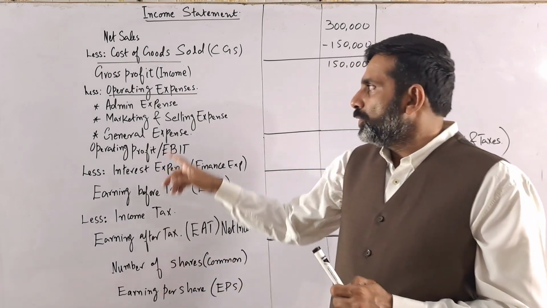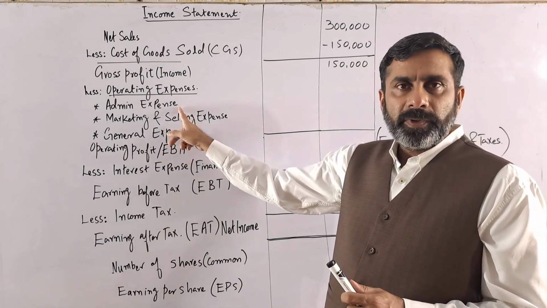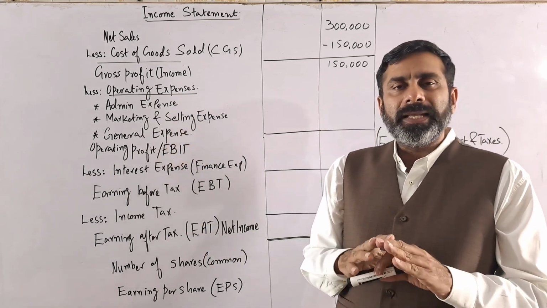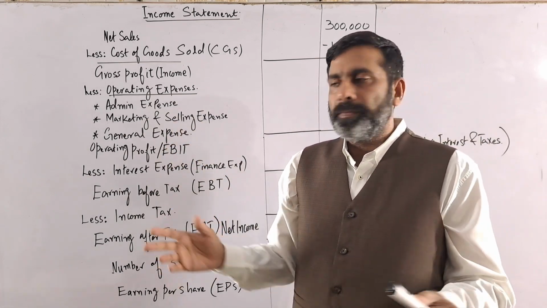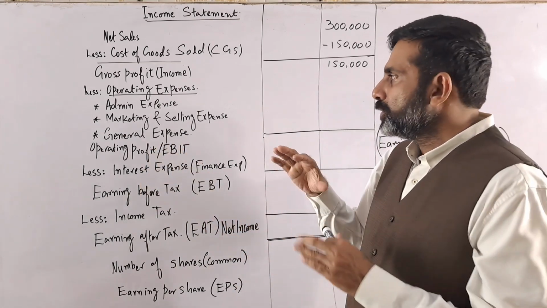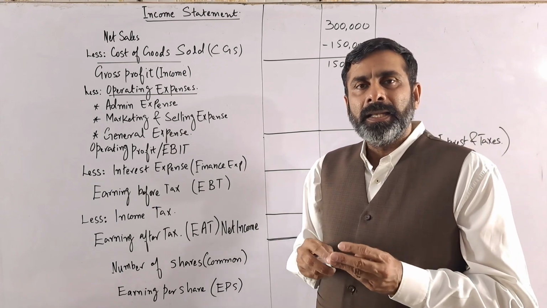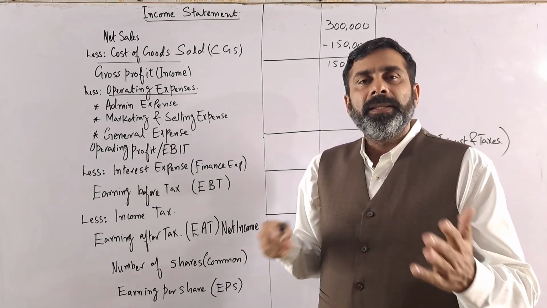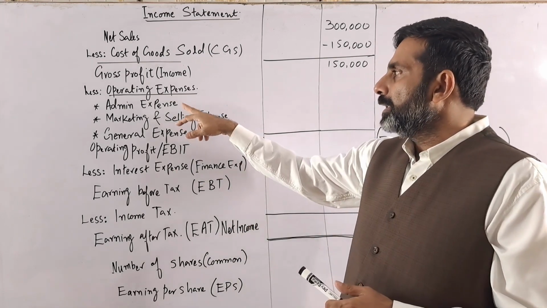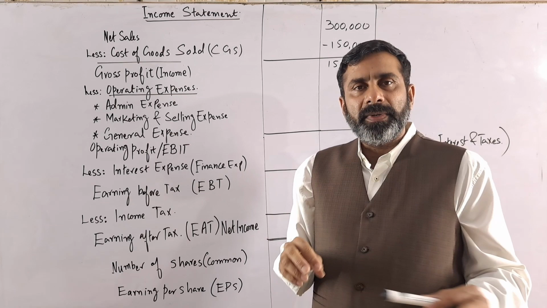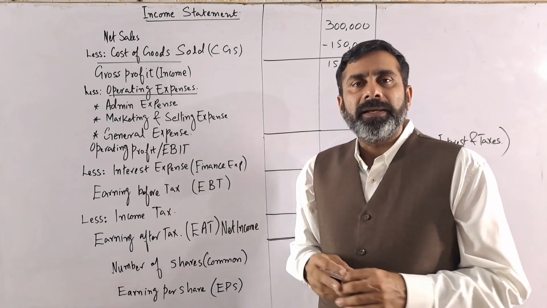Either the building is used for administrative purposes, or by the marketing staff, or it is used like a canteen for the whole company, like a general expense. For salaries, we again have to categorize which salary: the manager working in which department, in admin, marketing, selling or general. Accordingly we will segregate it.